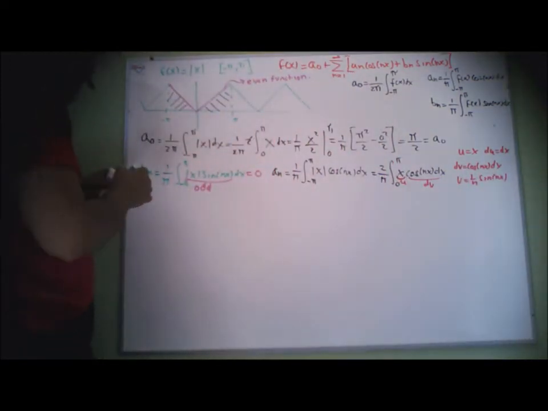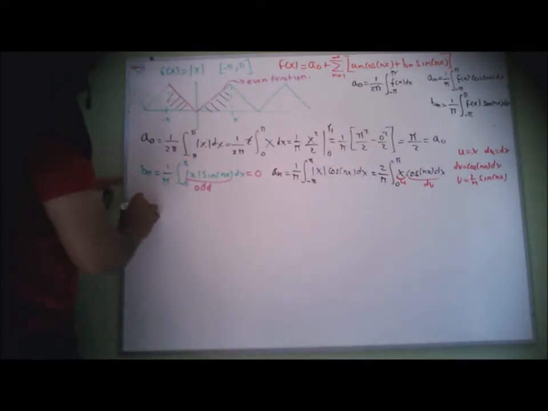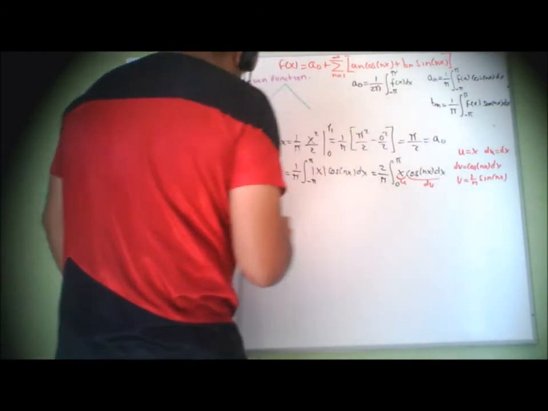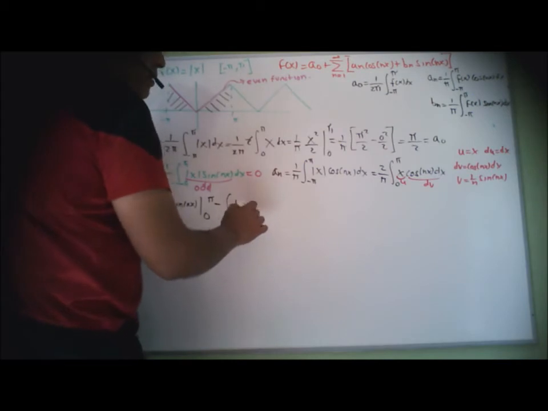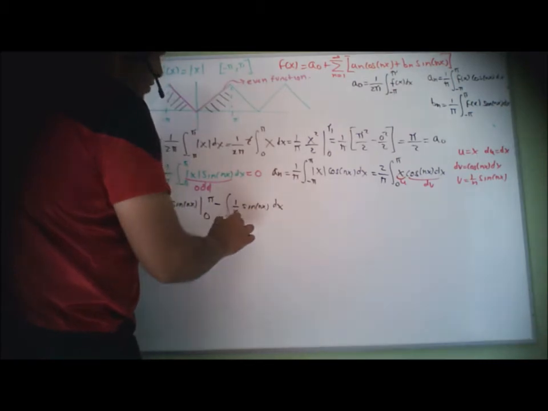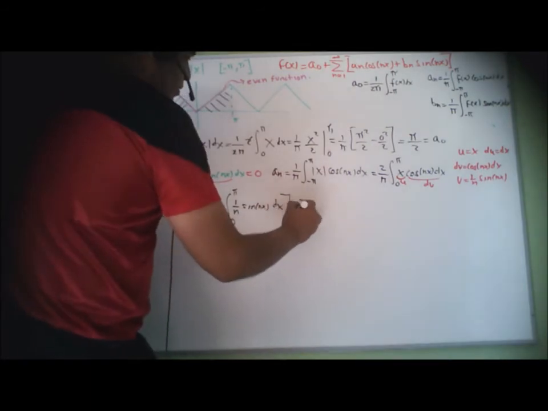So an, if we apply integration by parts, is 2 over pi, and then u times v, x over n, the sine of nx, from 0 to pi. Remember, it's u times v minus the integral of v du, 1 over n, the sine of nx, where du is just dx, from 0 to pi. Now this is equal to 2 over pi.